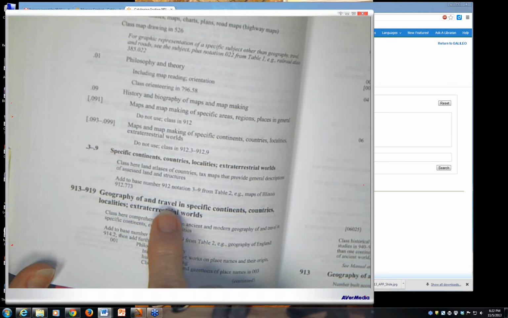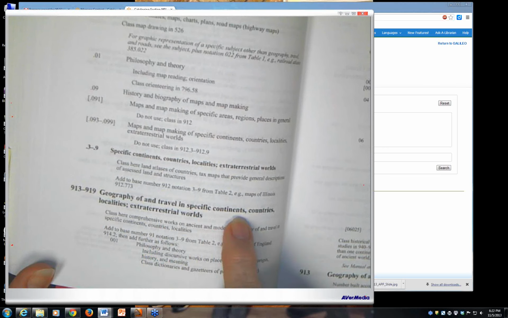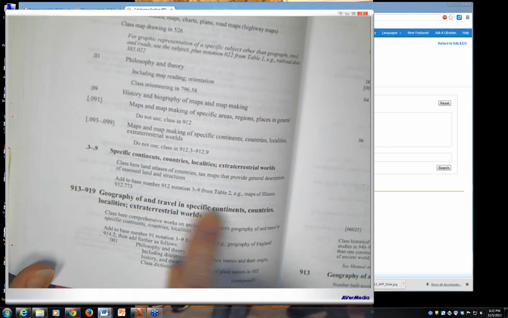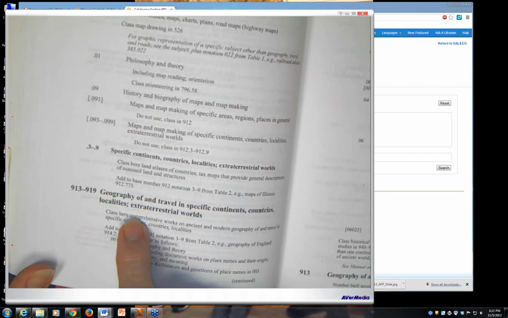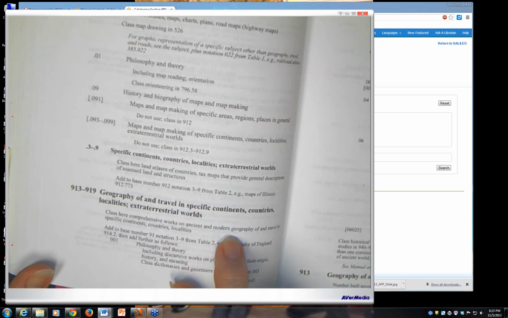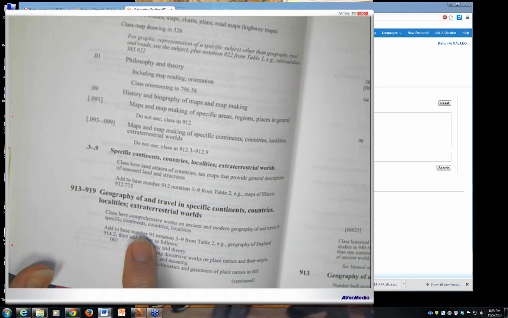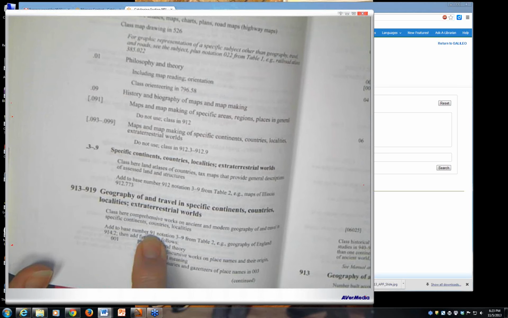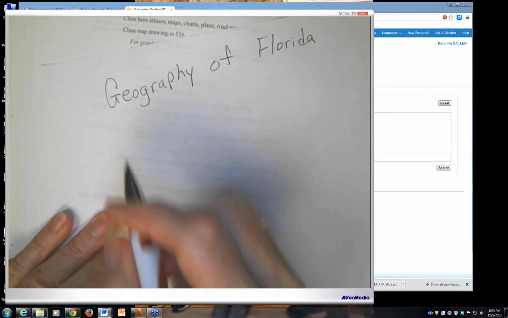Geography of and travel in specific continents, countries, localities. Our notes: class here comprehensive works on ancient and modern geography of and travel in specific continents, countries, localities. Add to base number 91. Stop. We've got our base number.